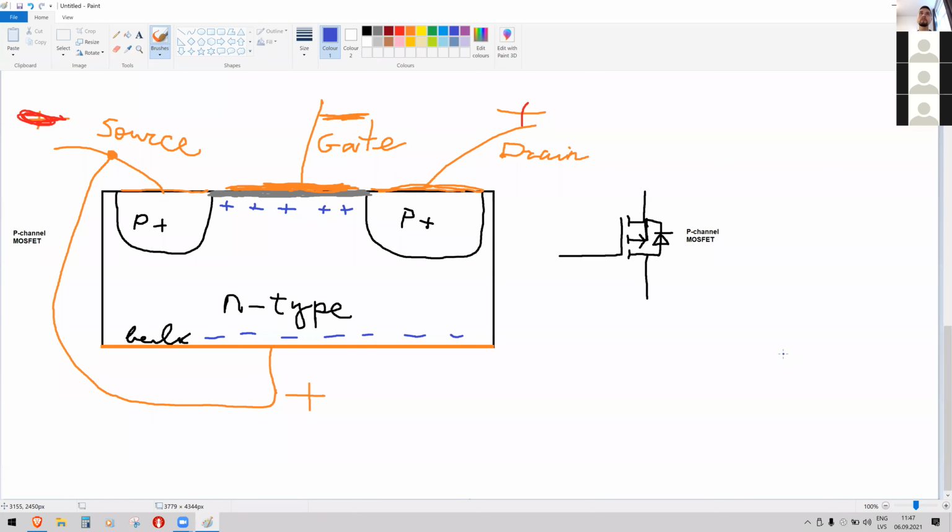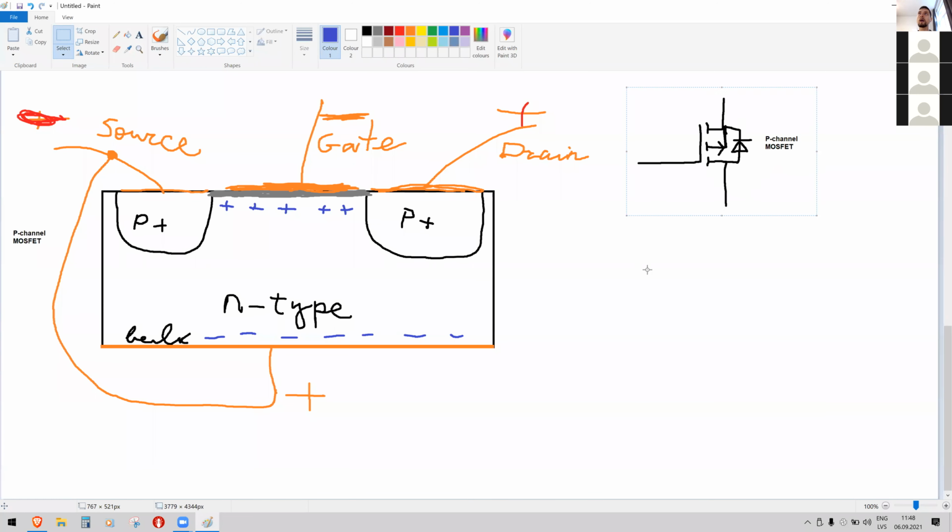Okay, and the same small schematic for our P-channel MOSFET. For P-channel MOSFET, you always connect it on the top of the load. You use it if you must have the load grounded.